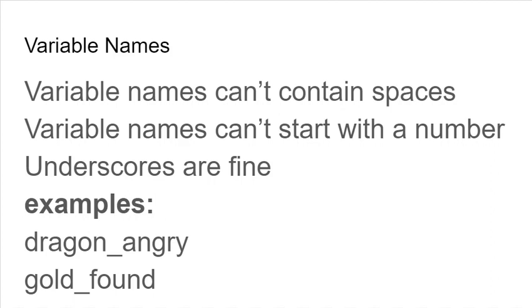That's fine too. But variable names can't contain spaces. They can't start with a number, and they should be descriptive. You should look at that variable and know what the value in it means for your game.